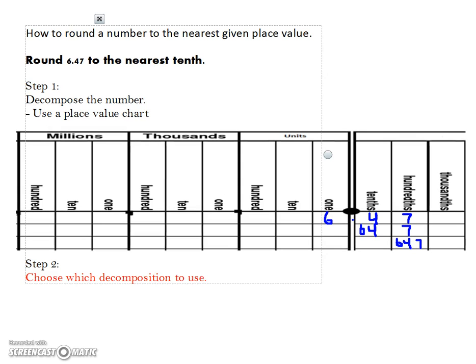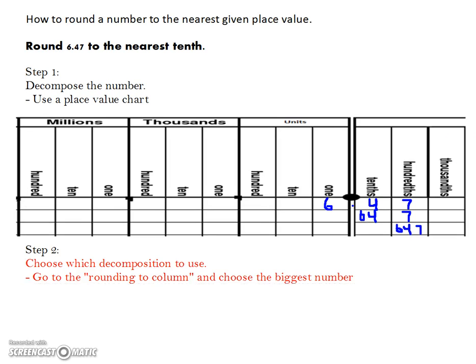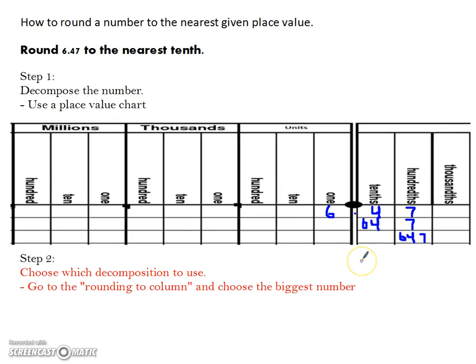The next step that you want to do in rounding to the nearest given place value is choose which decomposition to use. So what you want to do here to choose your decomposition is go to the rounding column, and because I am rounding to the nearest tenth, I'm going to choose the tenths column.